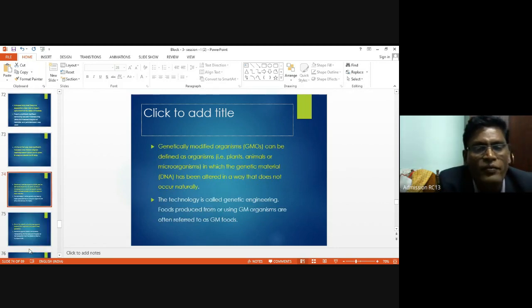Genetically modified organisms can be defined as organisms, that is plants, animals or microorganisms, in which genetic material or DNA has been altered in a way that does not occur naturally.